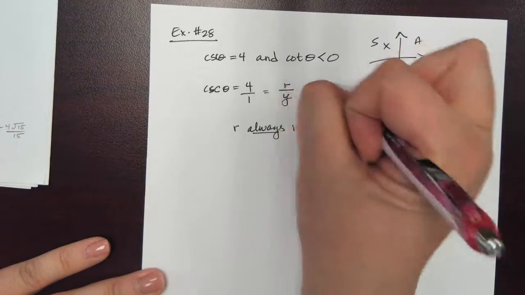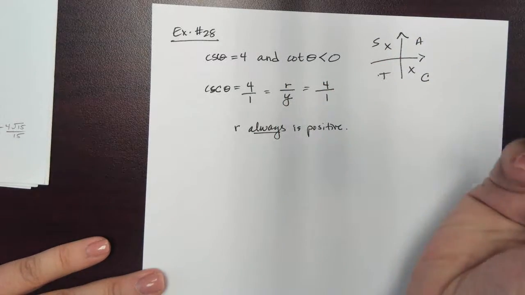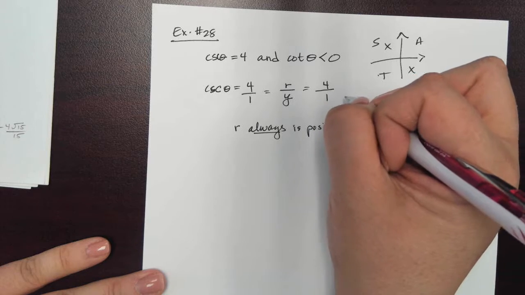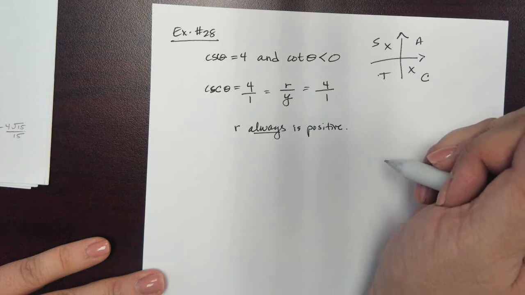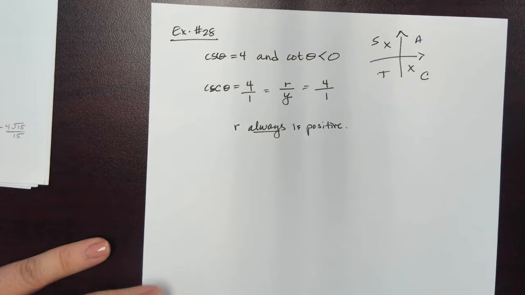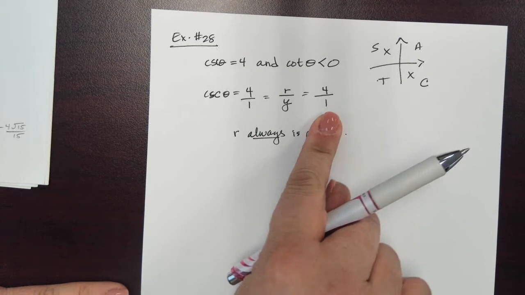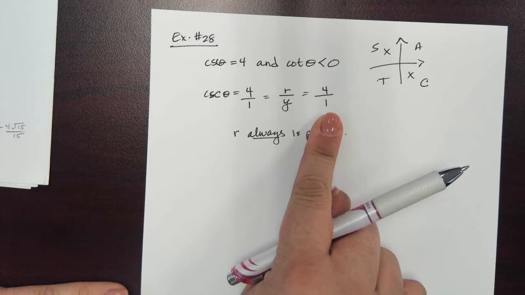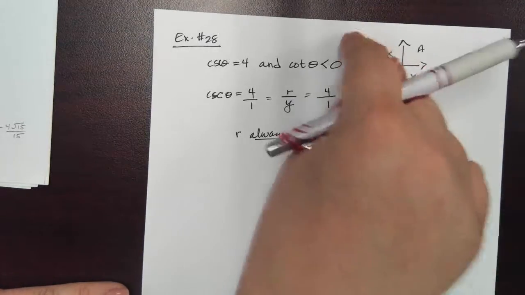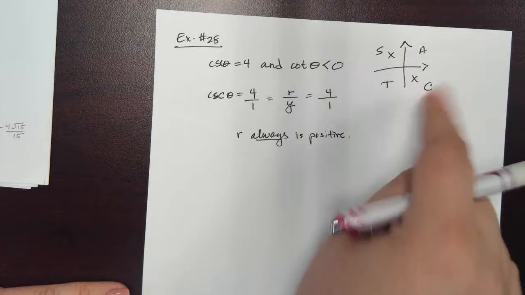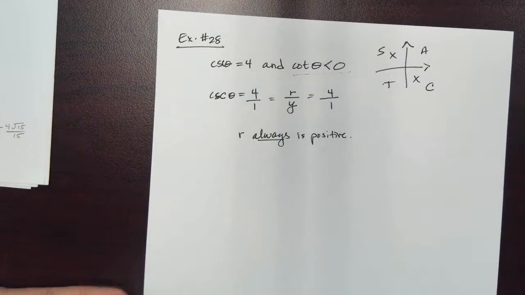So that means this is 4 over 1. My point is, well, I don't know what my point is, but which quadrant am I in? My y is positive. But I said that my only two choices are 2 and 4, so I am in quadrant 2.